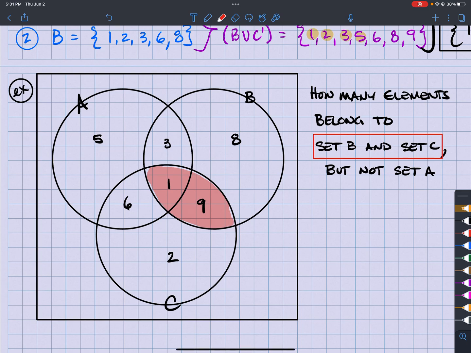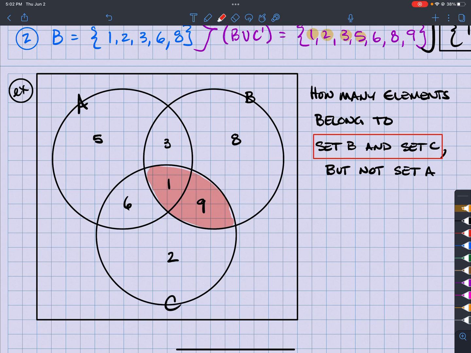That region right there is set B and set C. So it's so far 10 because there's 1 and a 9, so that gives me 10.